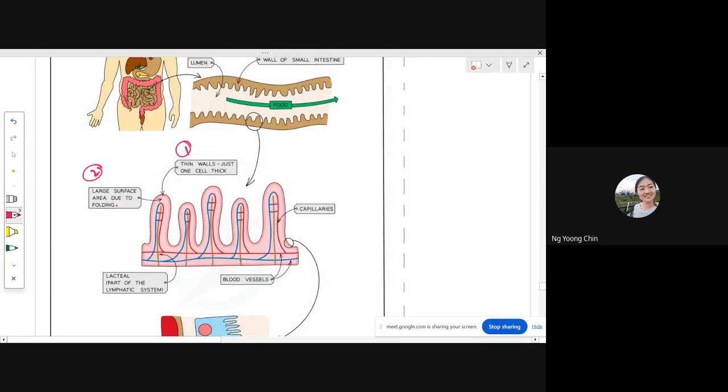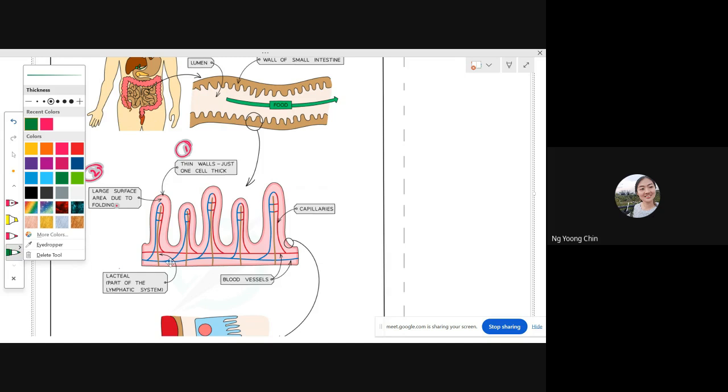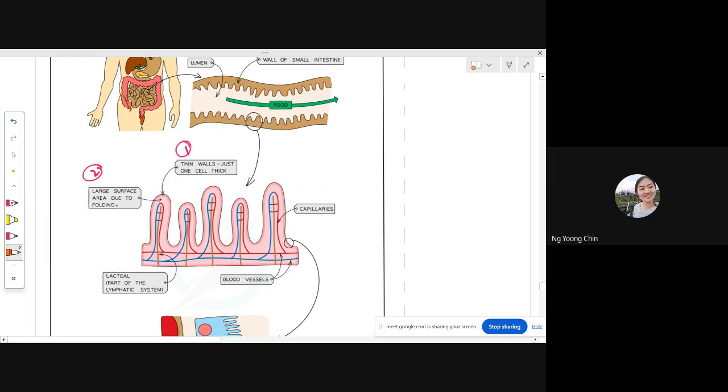And then they have a lacteal. The lacteal is the structure located at the center of the villi, which is labelled in brown color. This is a lacteal.